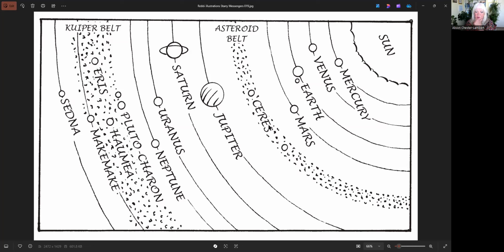And the next thing we come to is Ceres in the asteroid belt. The asteroid belt is a planet that was broken up during the formation of the solar system. This is the end of the rocky planets. From there we go to Jupiter, which is a gas giant, and Saturn, a gas giant. So you could put your hand straight through these.